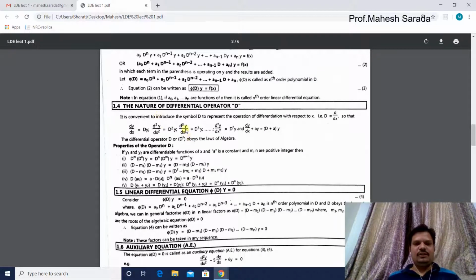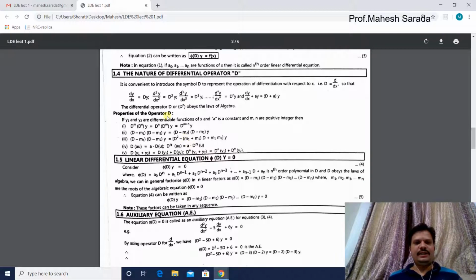Next, the nature of this differential operator. Already we have seen that in place of dy by dx we can use capital D y, and in place of this we can use D square y. Similarly, further we can use the differential operator.